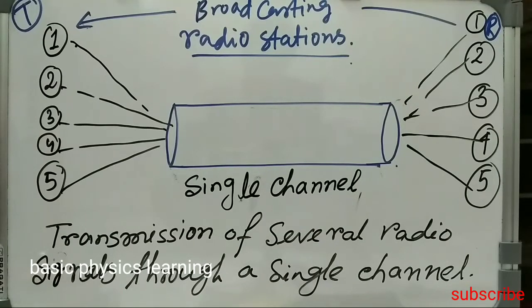Like the previous example, consider the case of 5 radio stations broadcasting audio message signals directly through a single channel without any modifications. They would interfere with each other, because the spectra of all the signals occupy more or less the same bandwidth.